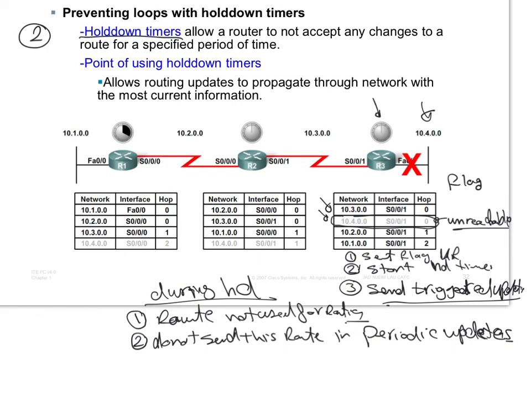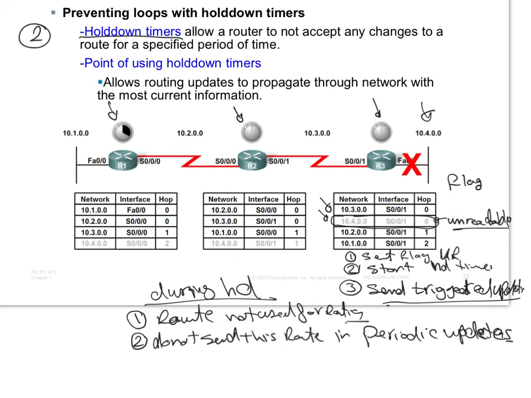This logic will be executed here, will be executed here, will be executed here. Okay, so when R2 receives information about this unreachable route through triggered updates, okay, it should do the same. It will put this route in the routing table, it will start the hold down timer, and it will send triggered updates to everyone.